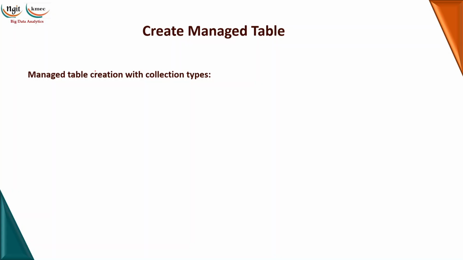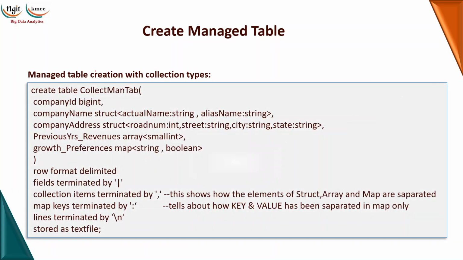By using the managed table. If you want to create the managed table, simply you can give create table and the table name, that is collection managed table. I have given that a name, or you can give the name as company. Company ID bigint.